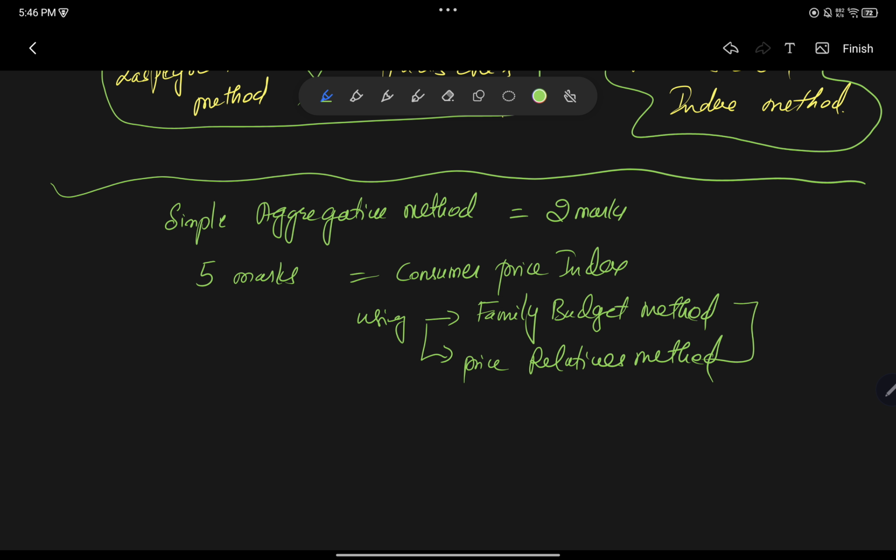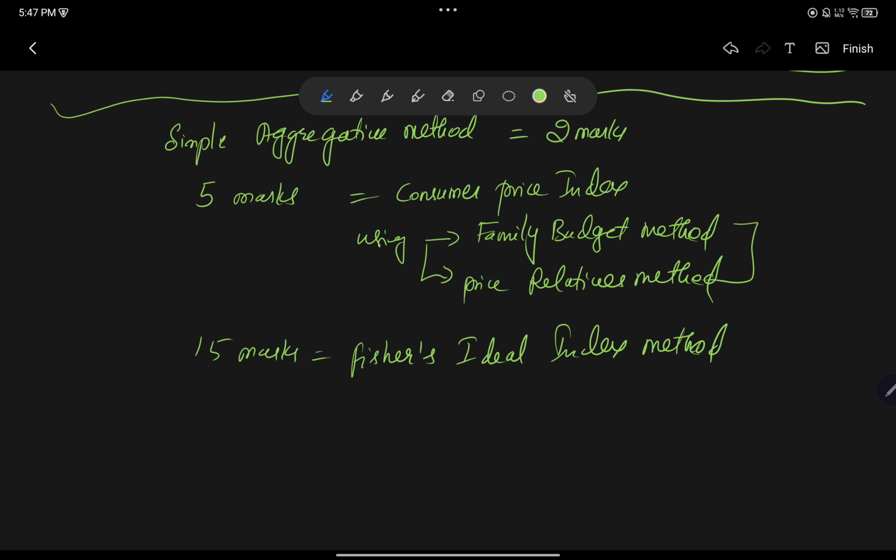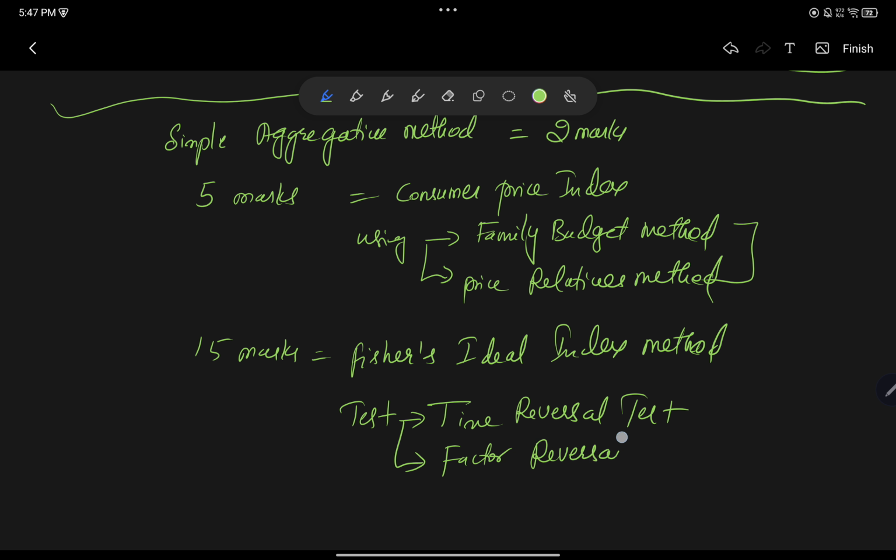And the third thing, for 15 marks, they will ask you to calculate Fisher's ideal index method, plus they will ask you to do the time reversal test and factor reversal test.